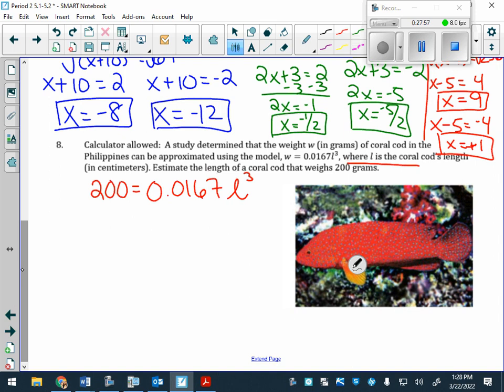Okay, Louise? Good. We would divide, and we want to round to the hundredths place. What do we get when we divide? Danielle? 11,960.